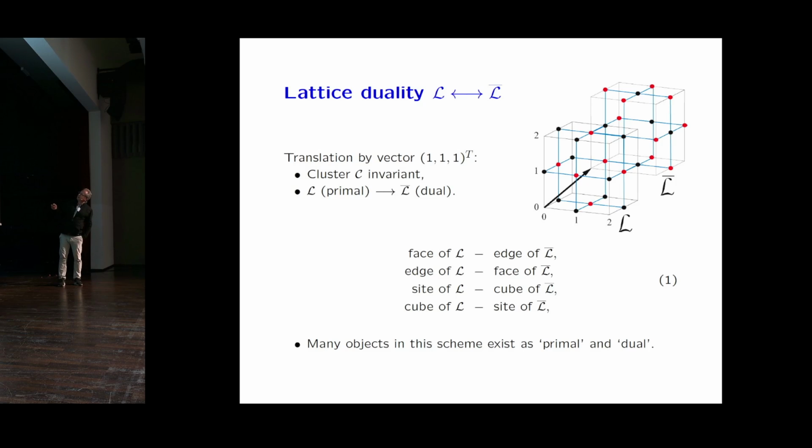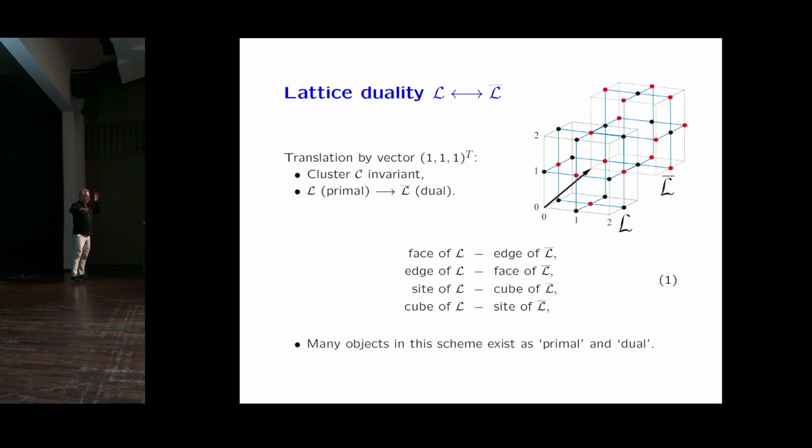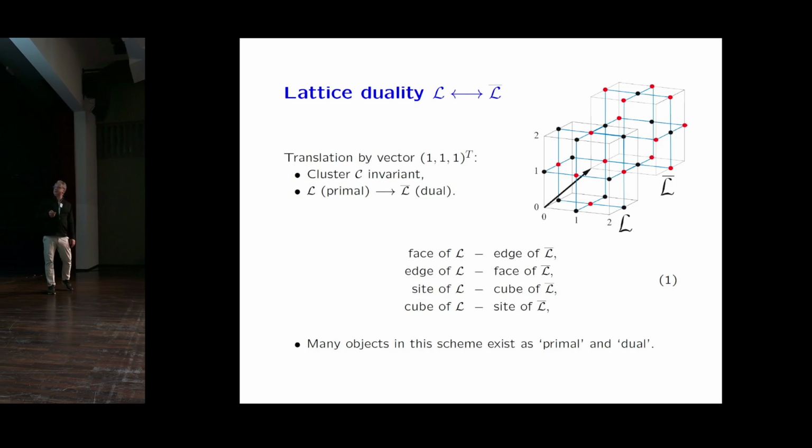An edge qubit will become a face qubit will become an edge qubit, but as long as you don't care about that distinction, the cluster remains itself. However, this lattice structure is not mapped into itself, because what used to be a corner becomes a center and the other way around. And that's why you have these 2 equivalent lattices through which you can describe the 3D cluster. We call these the primal and the dual lattice, and because you have these 2 lattices, many objects here occur as primal and dual. Everything we care about occurs as primal and dual.